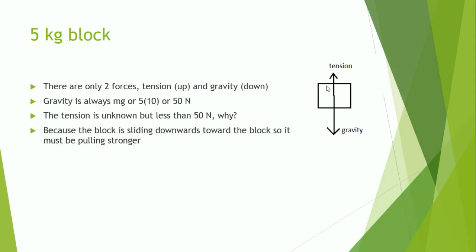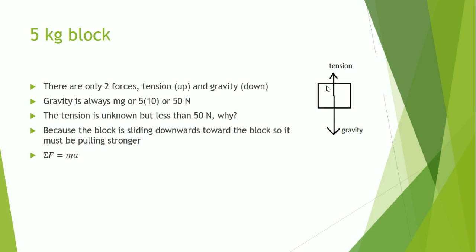Because the block is sliding downwards, the tension must be less than the block's weight because the block is winning over the string. If the tension was greater or the same, then the 5 kg block would not move at all. So we know that the tension's less than 50 but greater than 30.